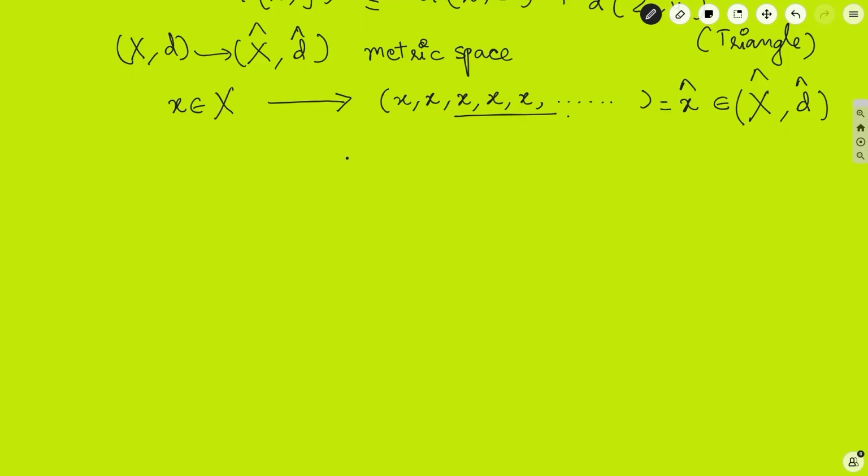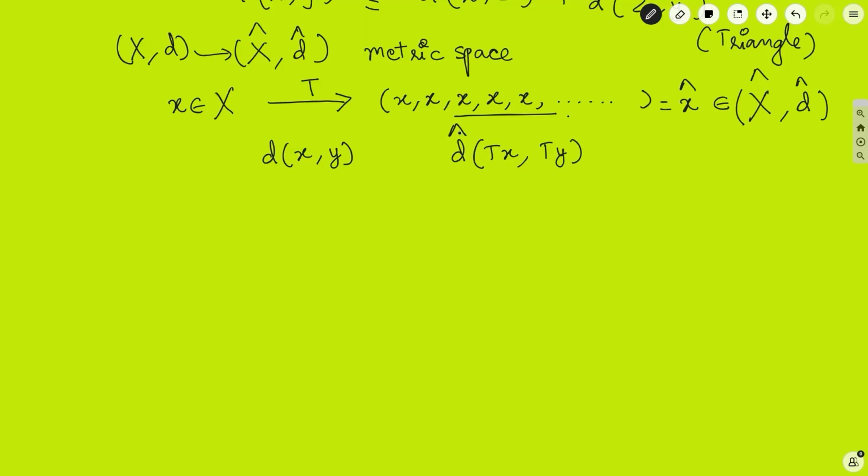So that's a mapping. And is it isometric? What do I mean by isometric? It means if you pick any two points x, y from the original space, the distance is preserved. Let me denote the mapping as T, which maps to this constant sequence. Now let's calculate the distance between tx and ty.